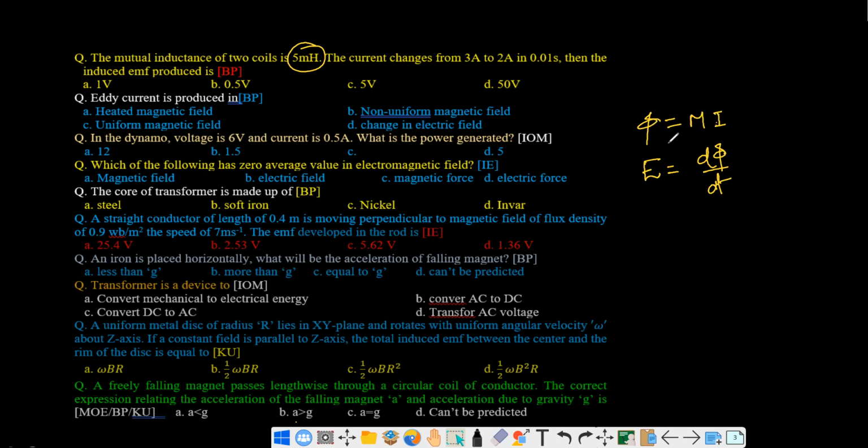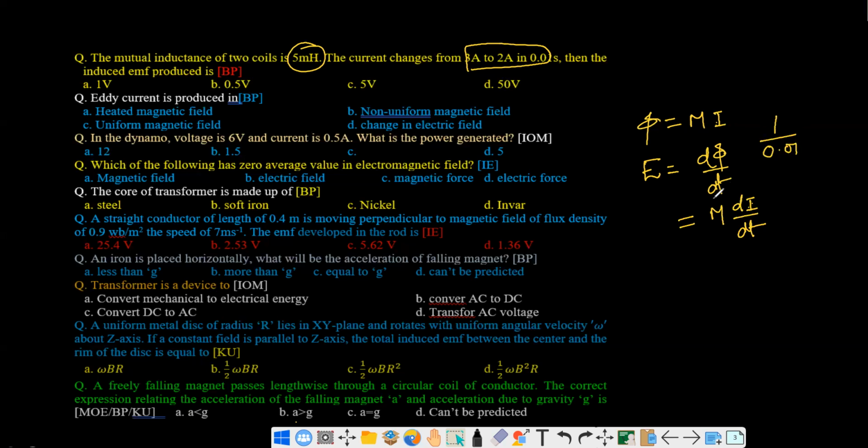We need to find the induced EMF. So what is the value of EMF? Putting in the value of d phi by dt, what does it become? M times di by dt. The value of M is given as 5 millihenry, and the change in current is 2 ampere to 1 ampere, that is 1 ampere per 0.01 second.